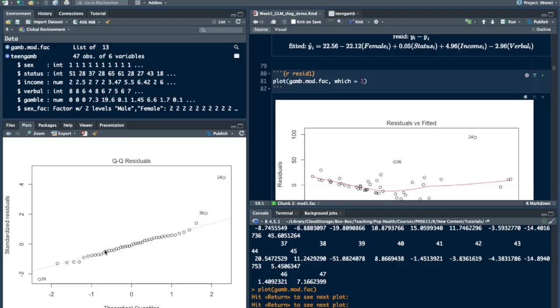What we want to see is this dotted line on a diagonal, and we want to see all of the points, these are all of our residuals, nice and on that diagonal line. Okay, we don't see that. If they're all on the diagonal line, that means that the residuals are in the same order they should be if they were normally distributed.